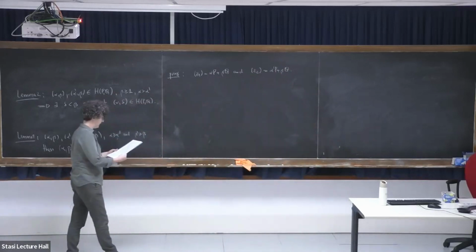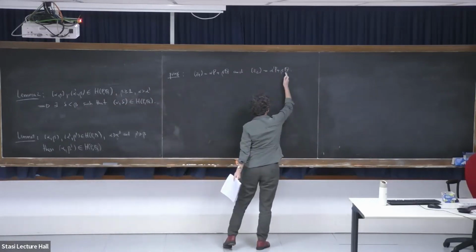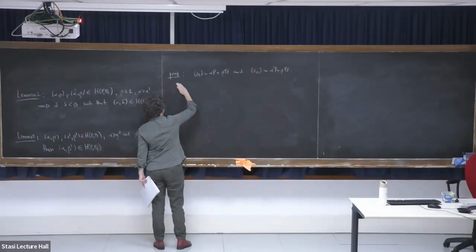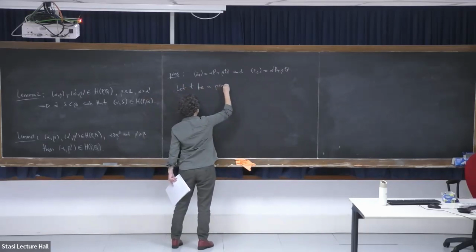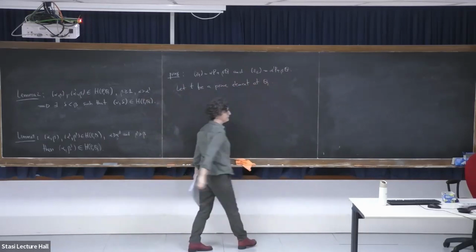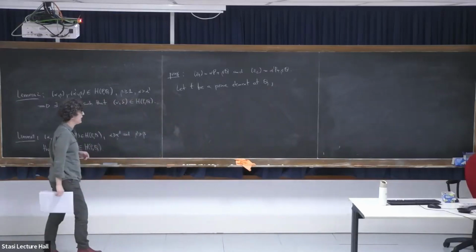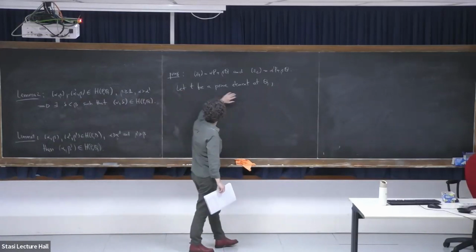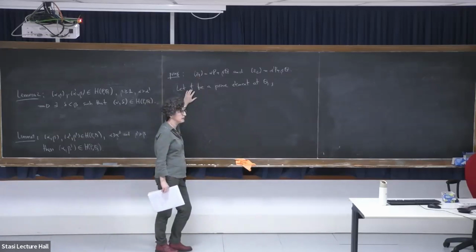So we'll do something different now. We are in a function field, so we are going to look locally at the point Q. Let t be a prime element at Q. We said yesterday that if I have a prime element t at the point Q, any function in the function field I can write as a power series in t.